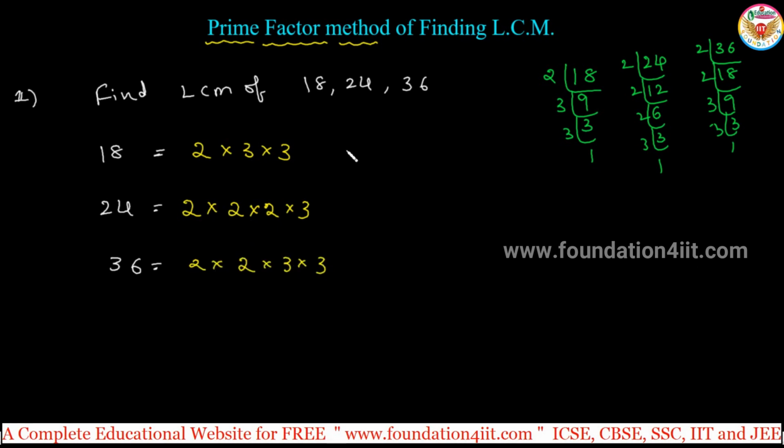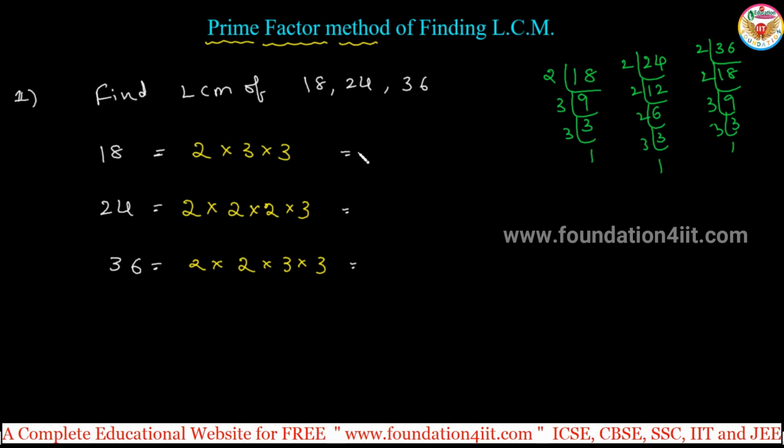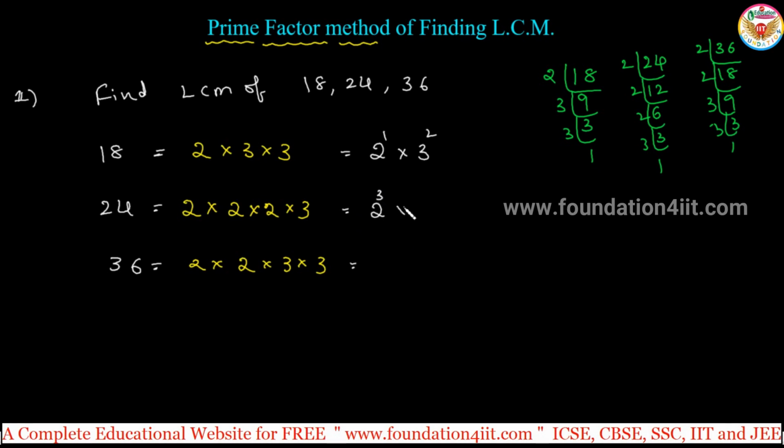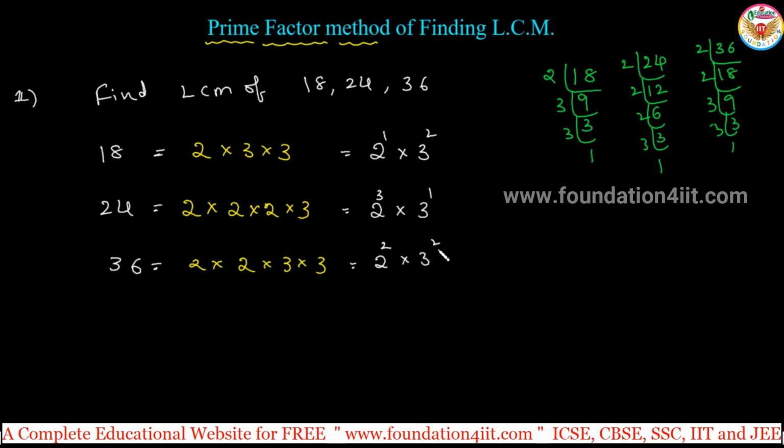After writing this, you can express it as powers, just to make this in exponential form. So this is 2 to the power 1 into 3 to the power 2. For 24 it is 2 to the power 3 times 3 to the power 1. Now this is 2 power 2 into 3 to the power 2.